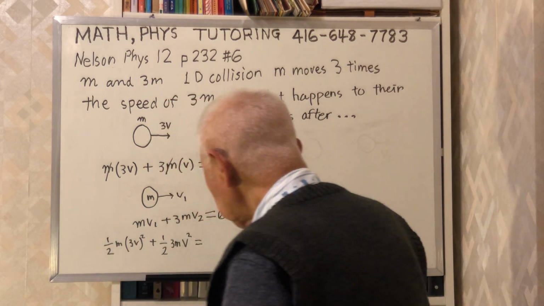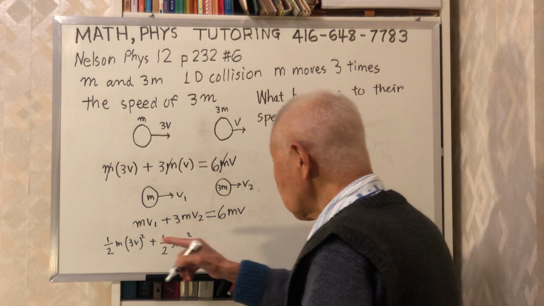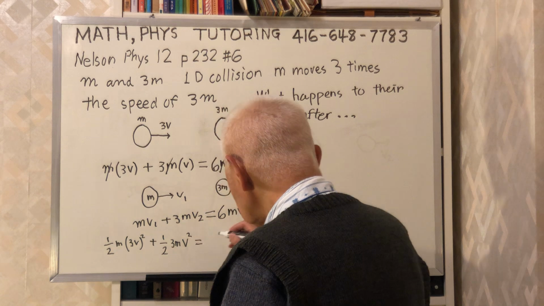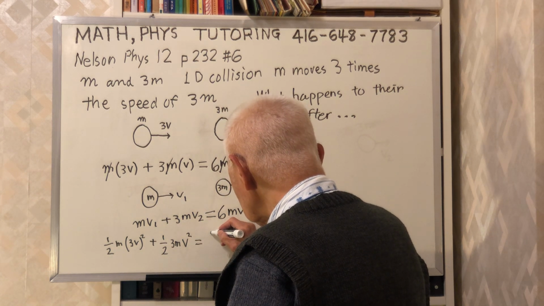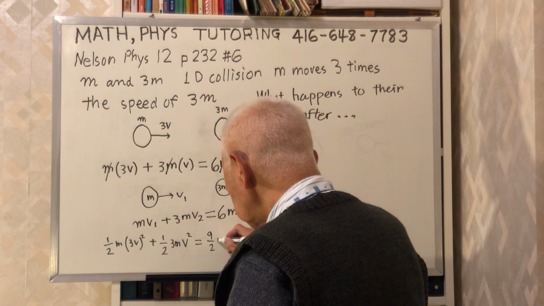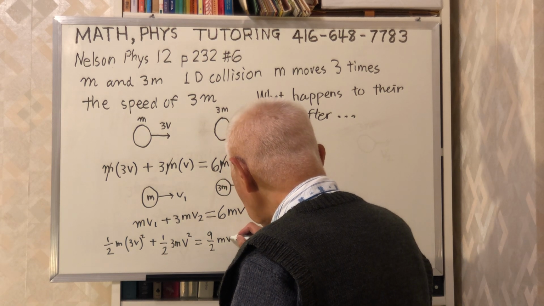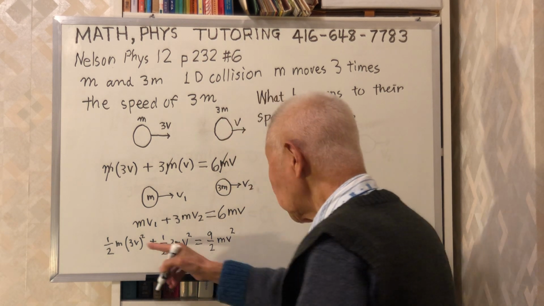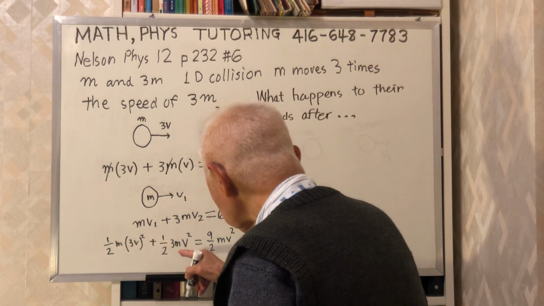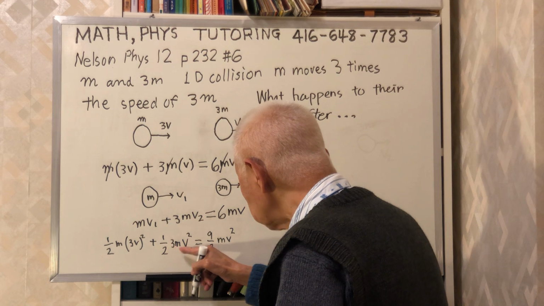That's the kinetic energy before collision. Let's work it out. So this is 9/2 mv squared, correct? 9/2 mv squared. And this is 3/2 mv squared.